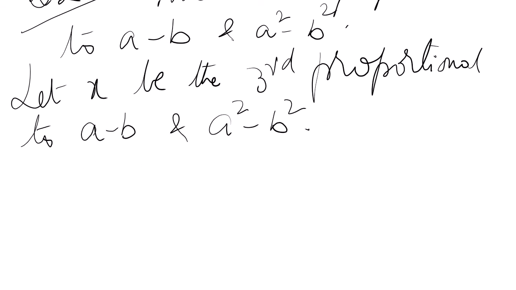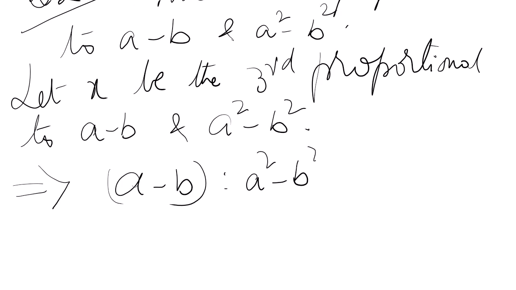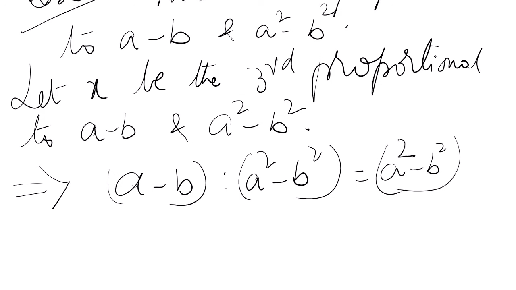So then what does it imply? Then it implies a minus b is to a square minus b square is equal to, the third will be, if we suppose that these middle ones are same, then this becomes third.